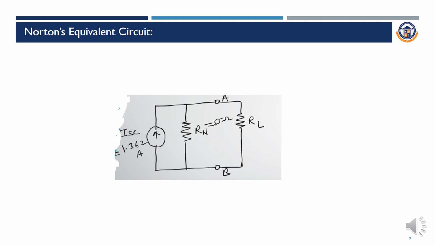After finding the short circuit current and the Norton's resistance, we will connect the RL, that is load resistance. Based on different problems or different values, again here we will apply the current divider rule to find the current flowing in the load resistor. So far, this is the equivalent circuit for the Norton's theorem.